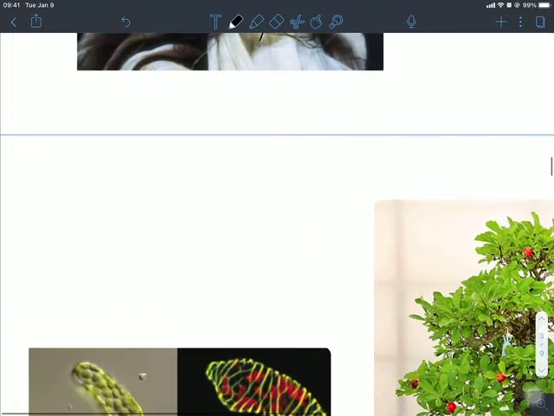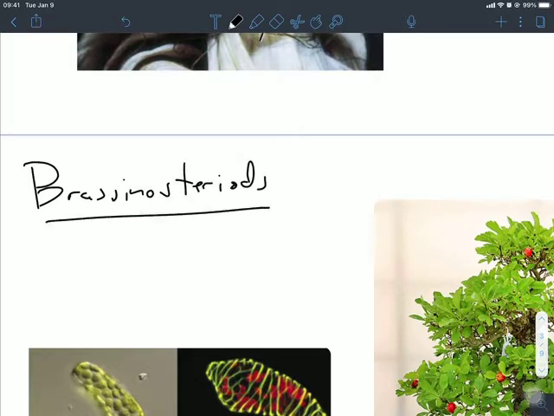Now, next up on our long list of plant hormones, we've got brassinosteroids. An incredibly diverse group of hormones that have lots of functions that are highly variable.